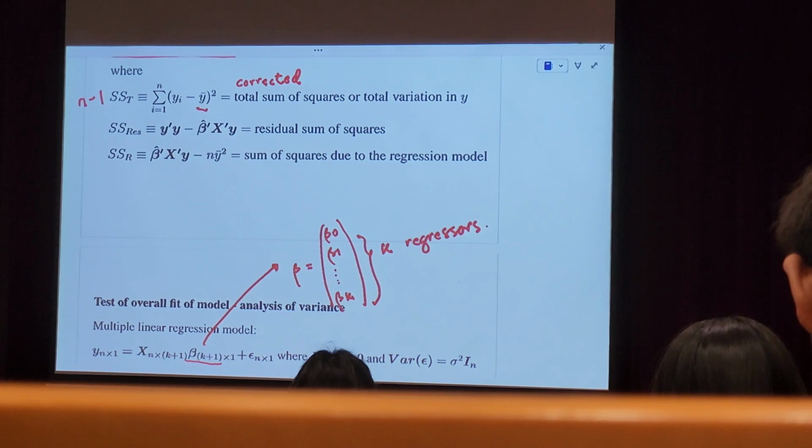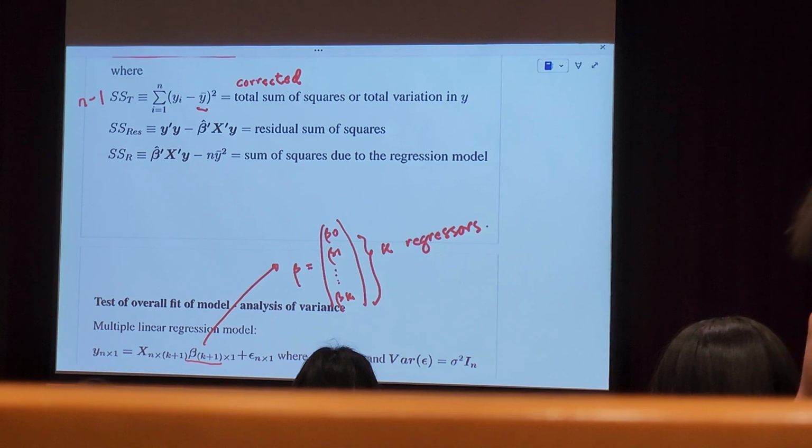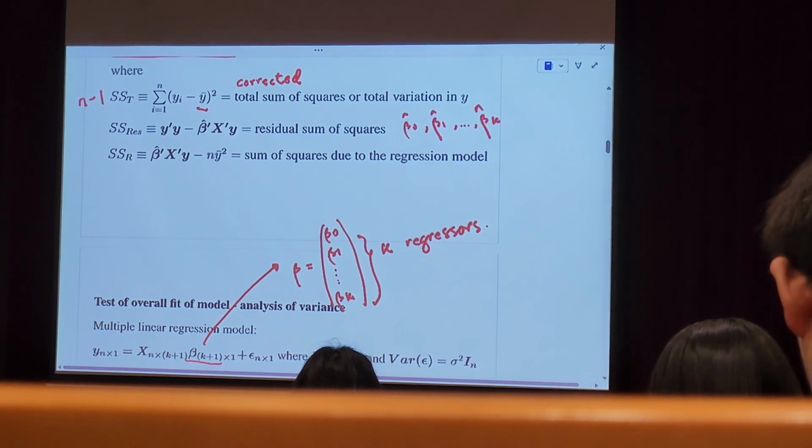Now, how about the residual? To estimate the residual, you need to estimate beta naught, beta 1, and so on.